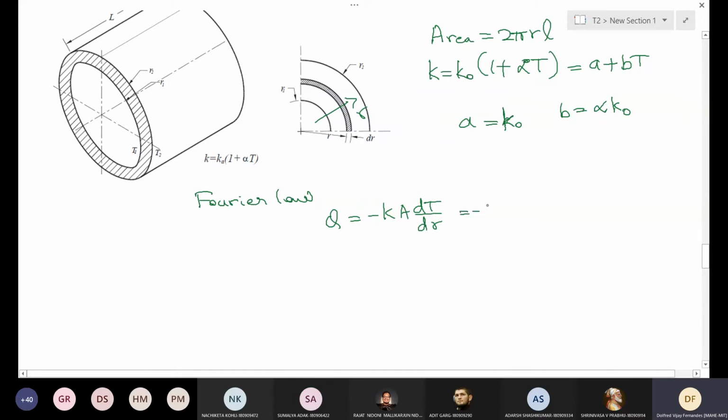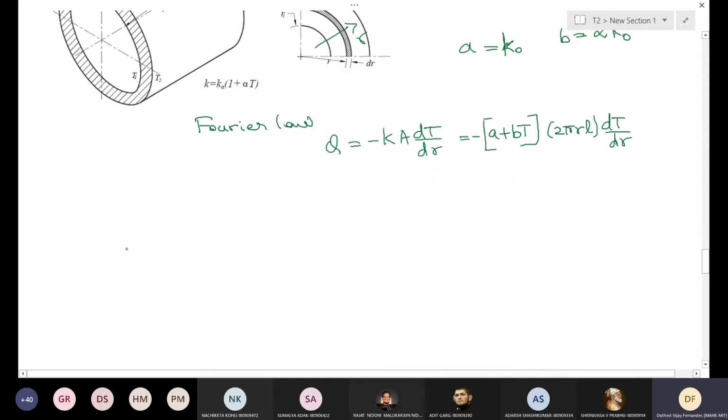So you can write this as minus K, which is A plus BT, area is 2 pi r L, and then dT dr. Separate the variables. r should come to the left hand side.